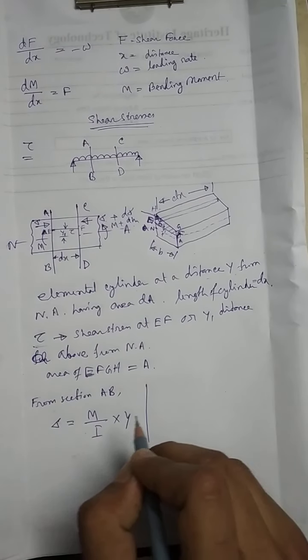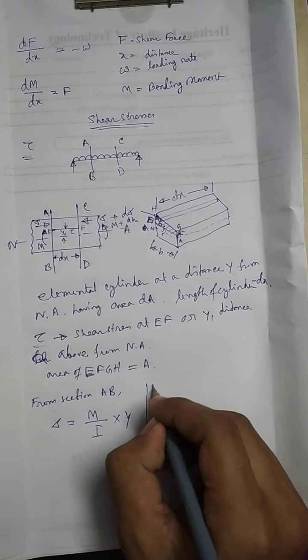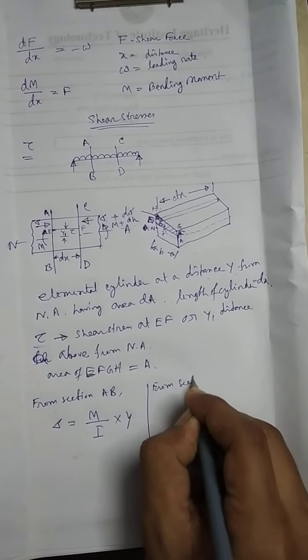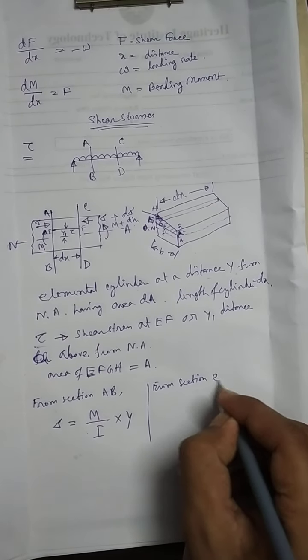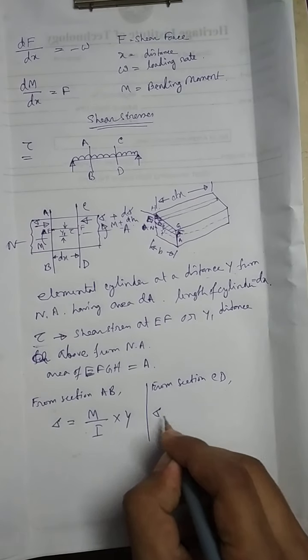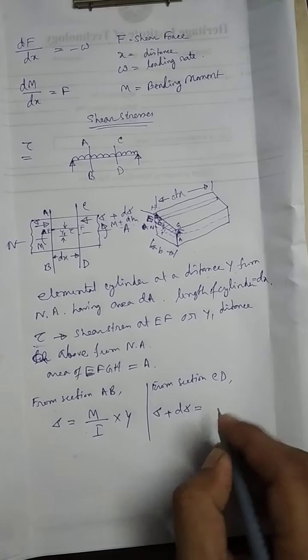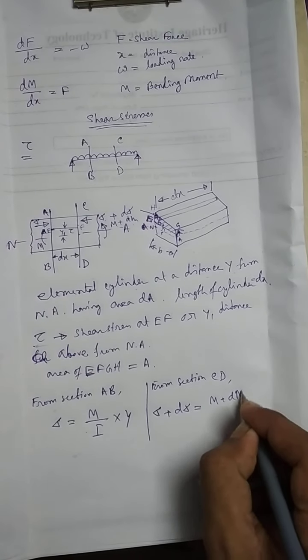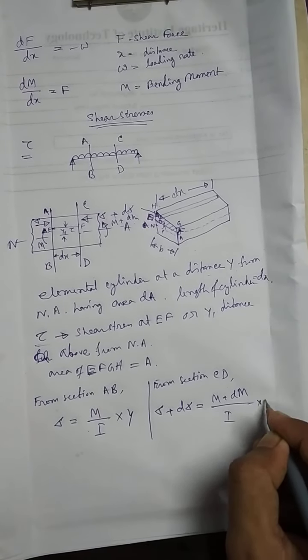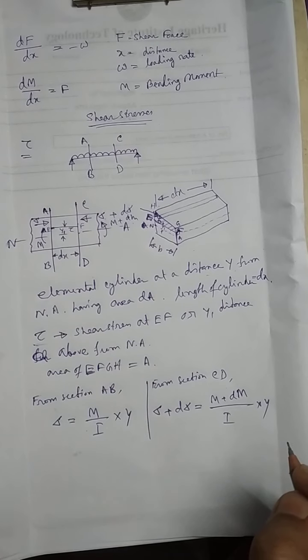For this elemental cylinder, from section CD we can get sigma plus d sigma is equal to (M plus dM) by I into y.